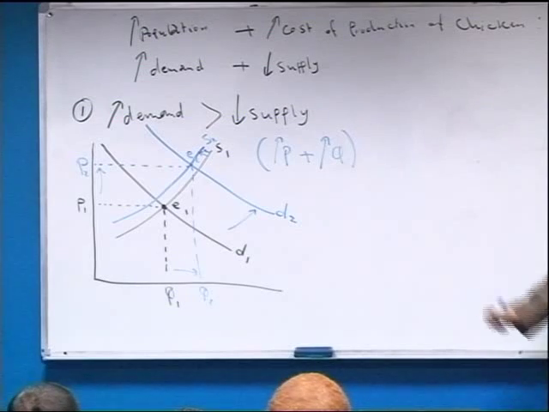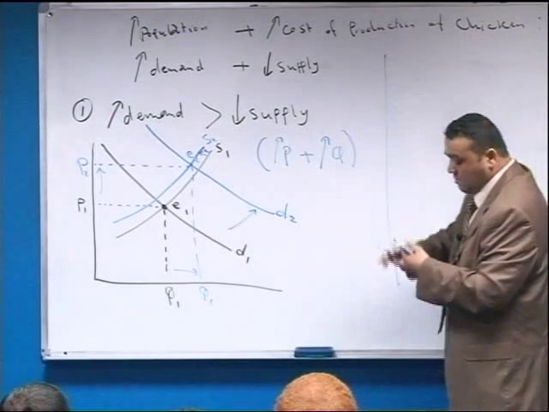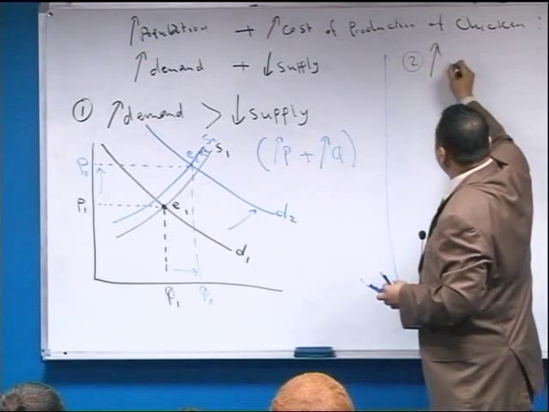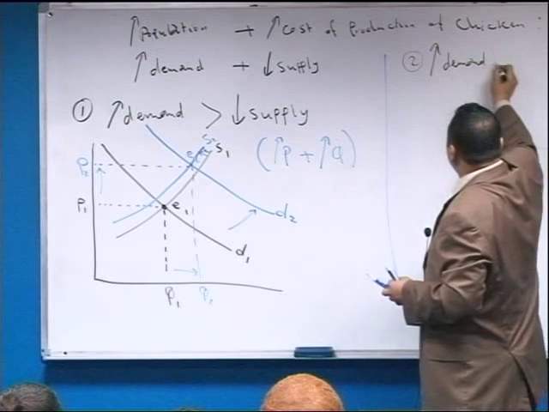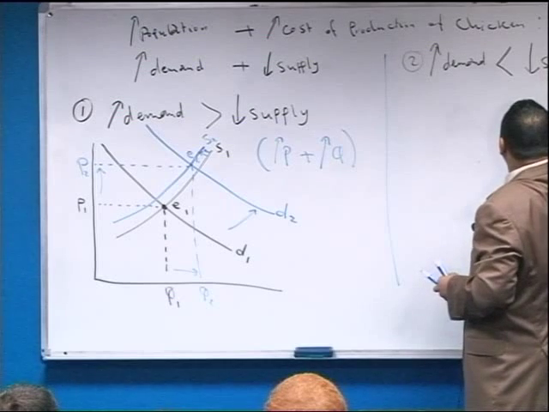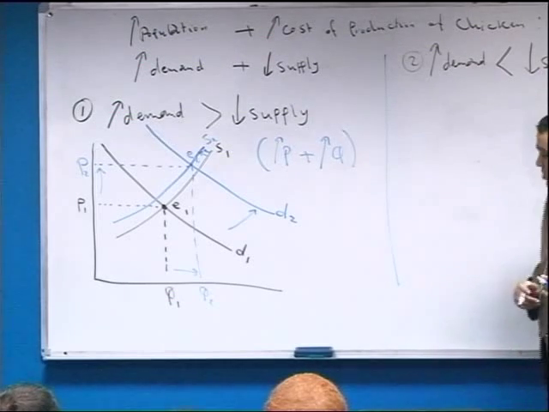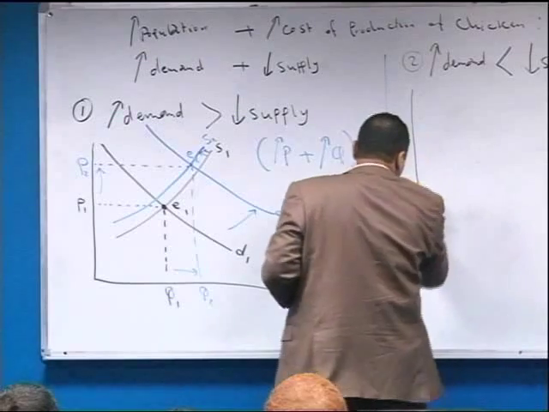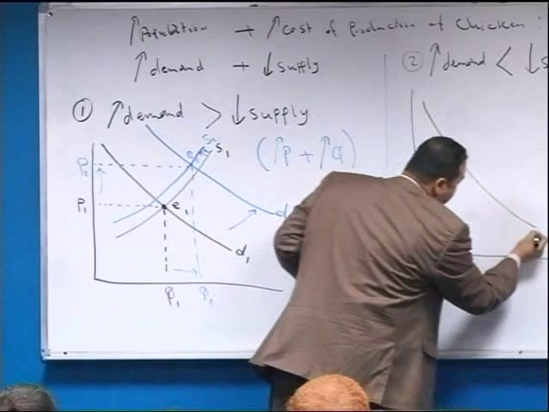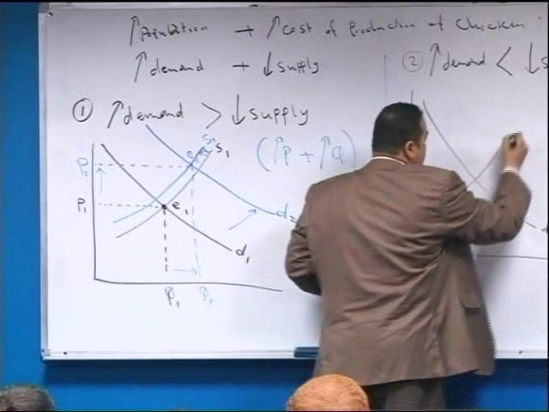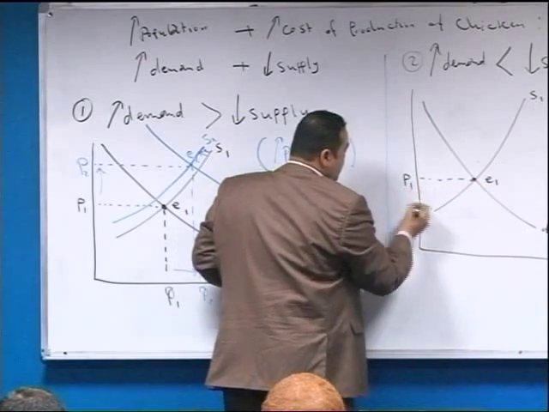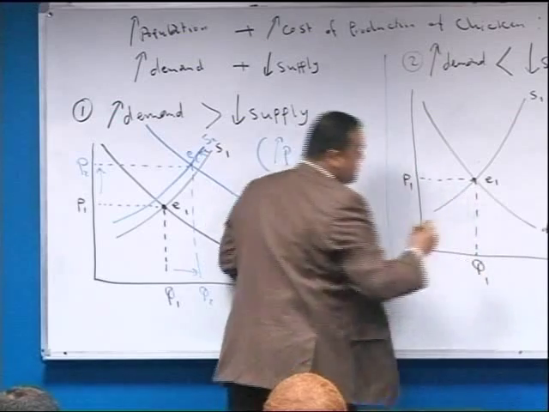The second case, if the increase in demand is less than the decrease in supply. This is D1, S1, E1, price P1, Q1.